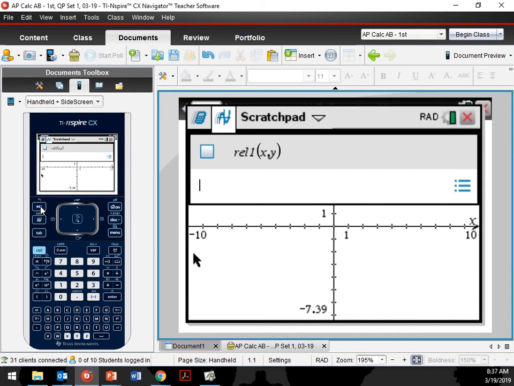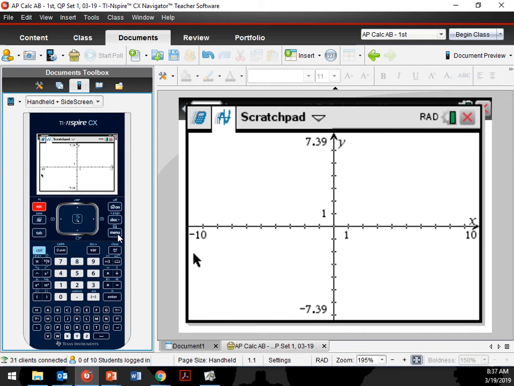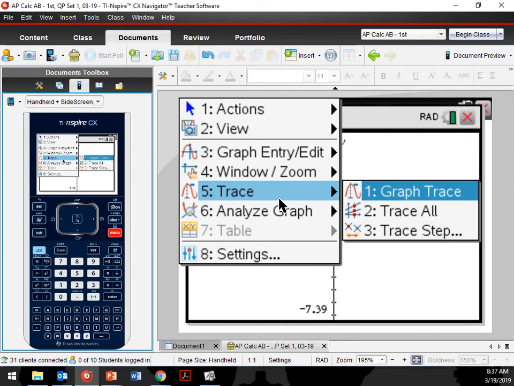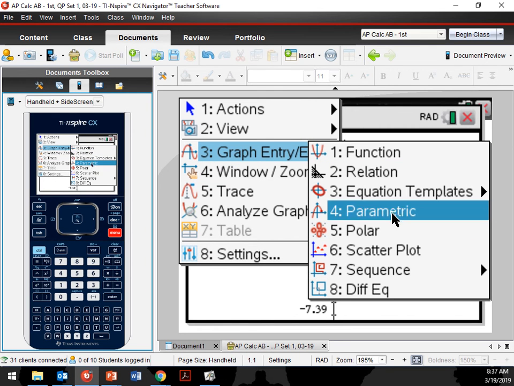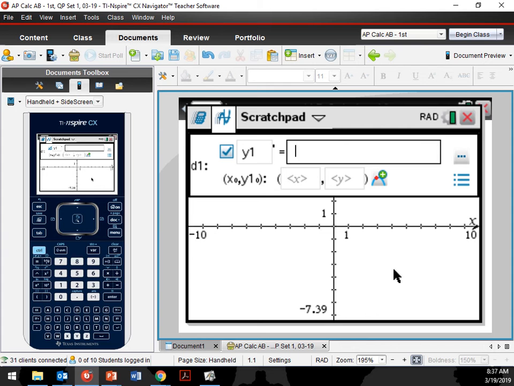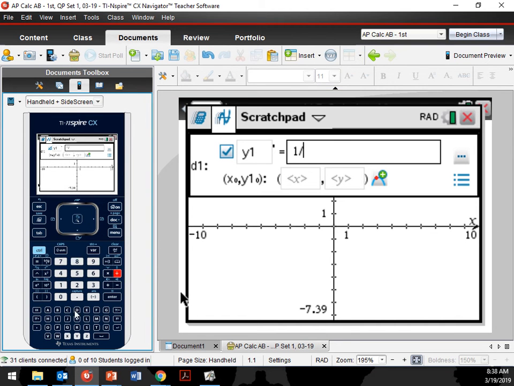No, it's not that one. Prime is 1 over y. There we go.